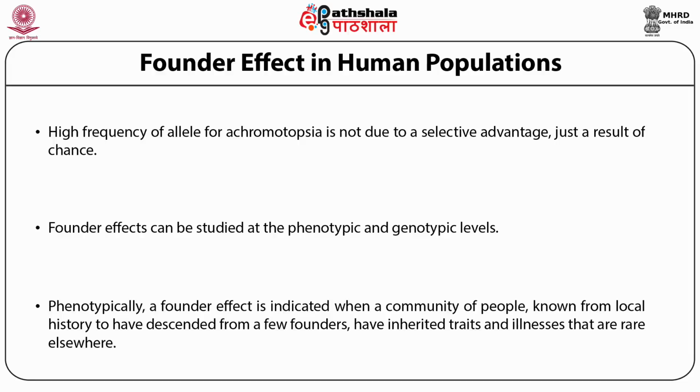When historical or genealogical records are particularly well kept or recent, founder effects can sometimes be traced to the very beginning. This is the case for the population of South Africa called Afrikaner.